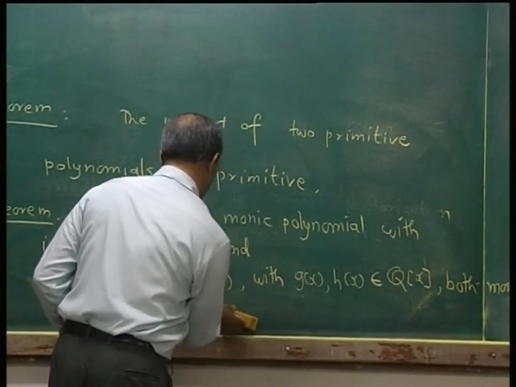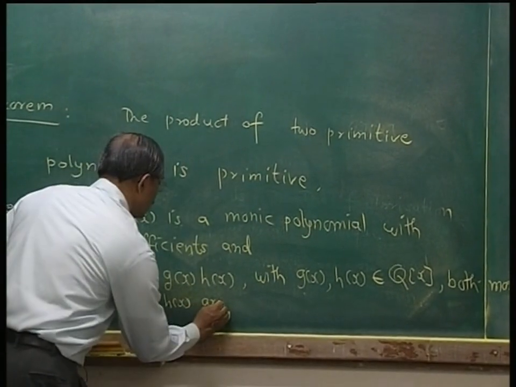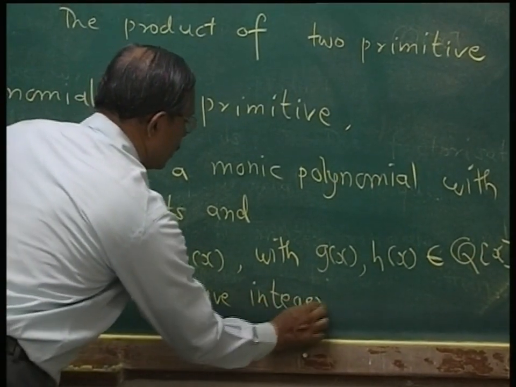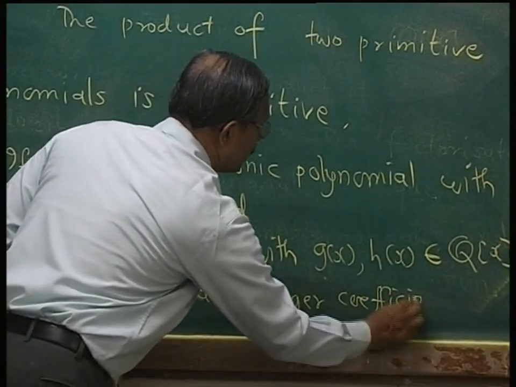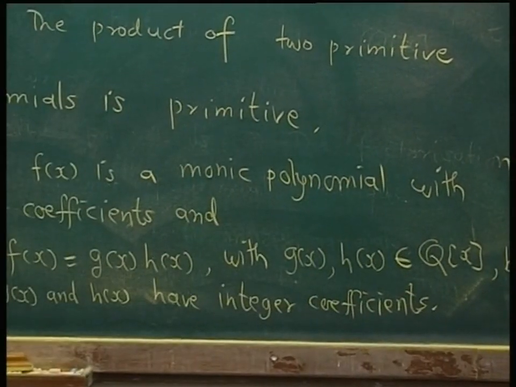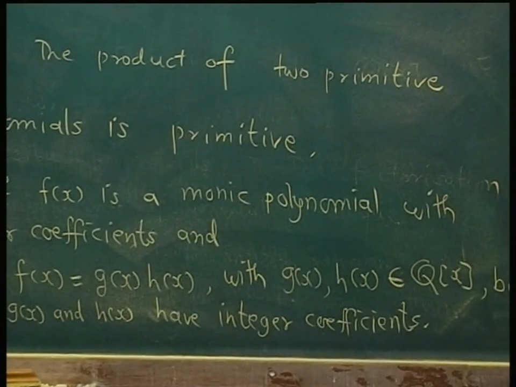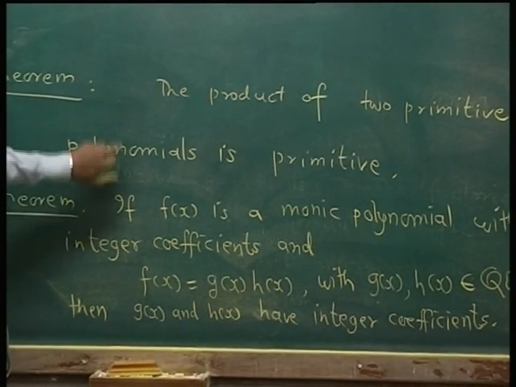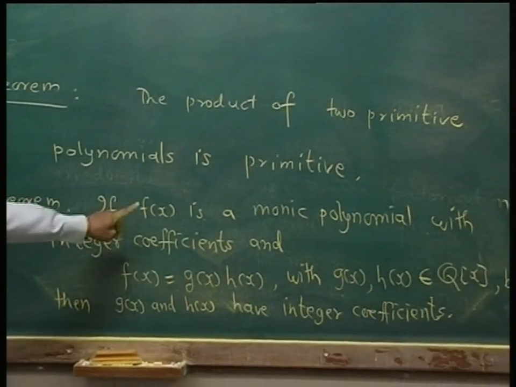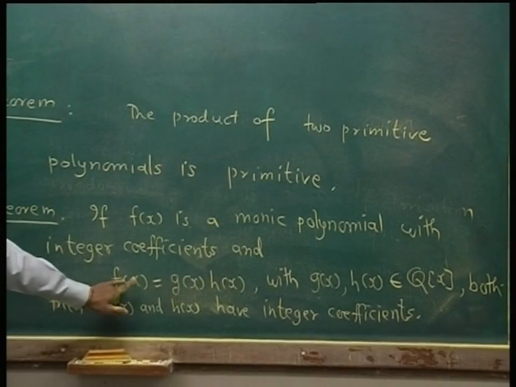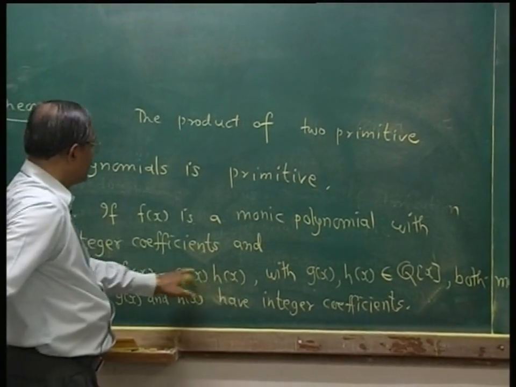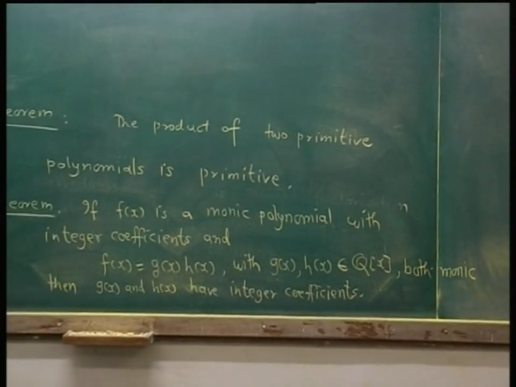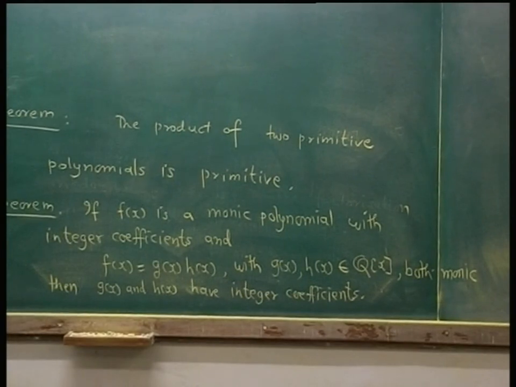Then g(x) and h(x) have integer coefficients. So this is a consequence of the result that the product of two primitive polynomials is primitive. So take a polynomial with integer coefficients, factorize; suppose you are able to write it as g(x) into h(x), these are monic with rational coefficients, then the coefficients of g(x) and h(x) must be integers.